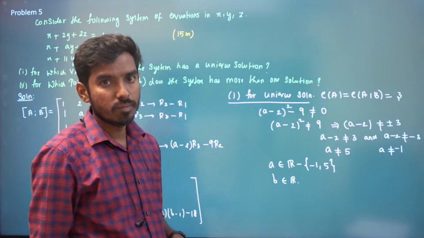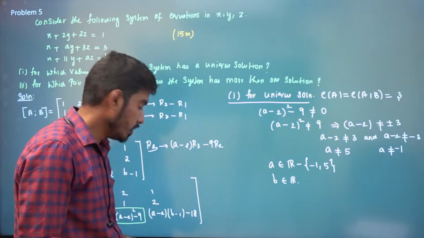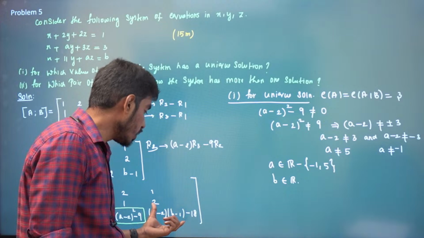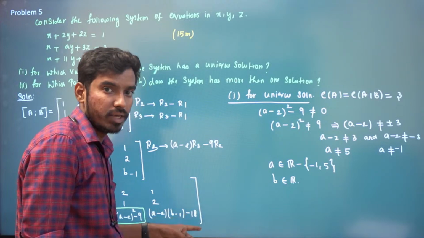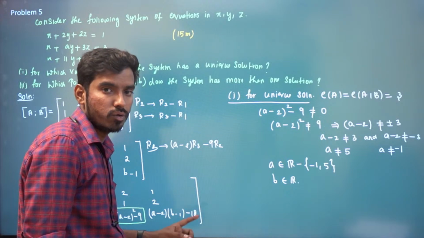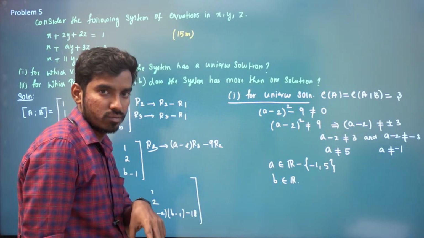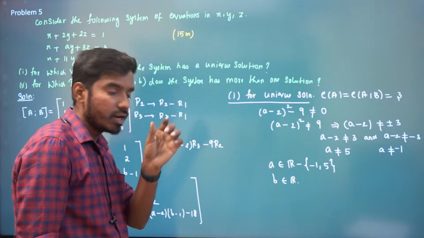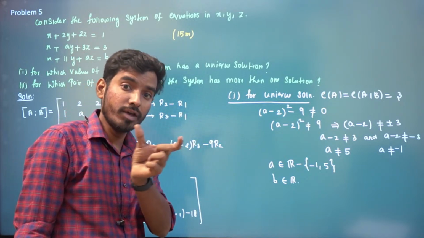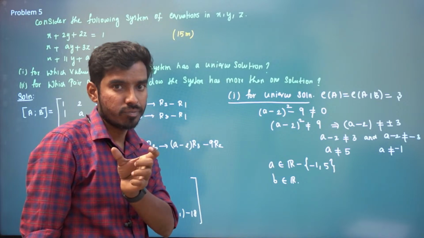If A is equal to minus 1, you find the value of B, but this should not be equal to 0. That means for A equal to minus 1, you will have B to be infinitely many values except some.